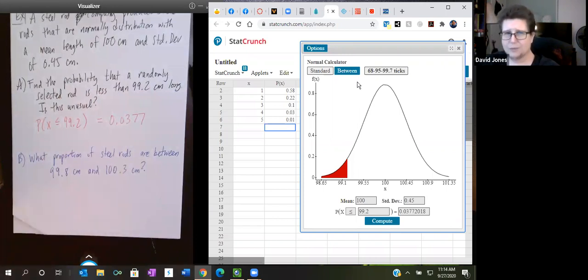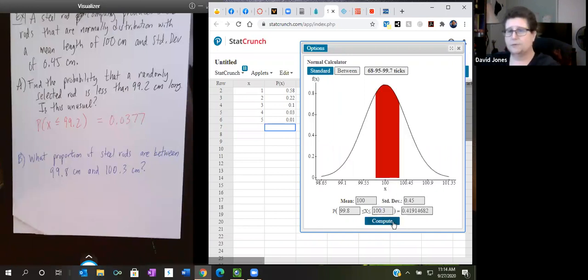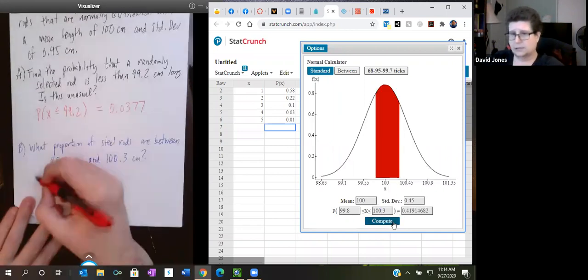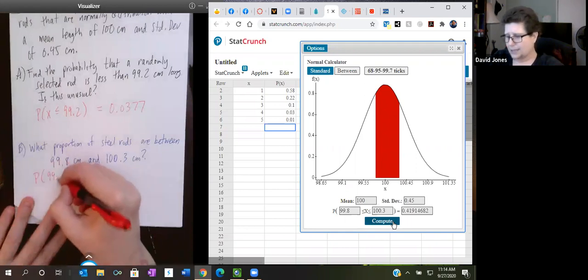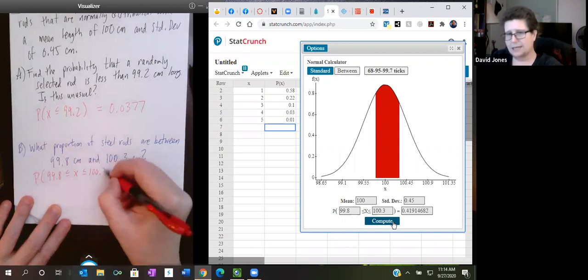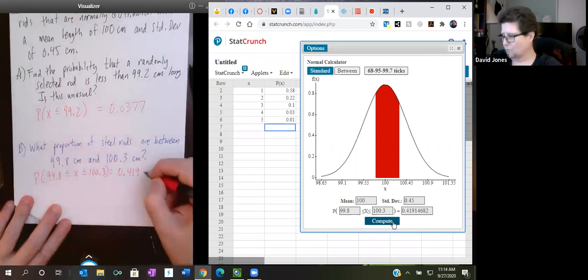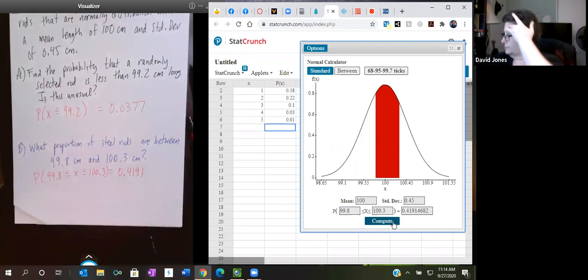If I want to find the proportion of rods between, I'll click on between, and I have to update my scores, 99.8 to 100.3. Click compute. The probability that 99.8 is less than or equal to X is less than or equal to 100.3 is 0.4191, to 4 decimal places.